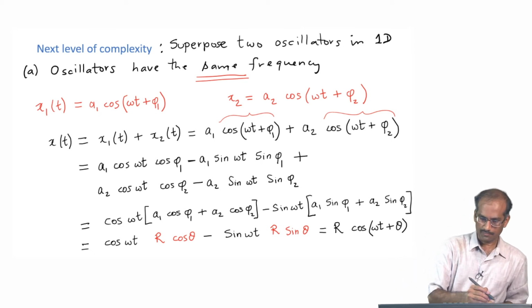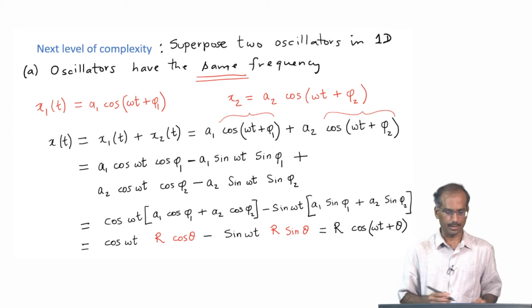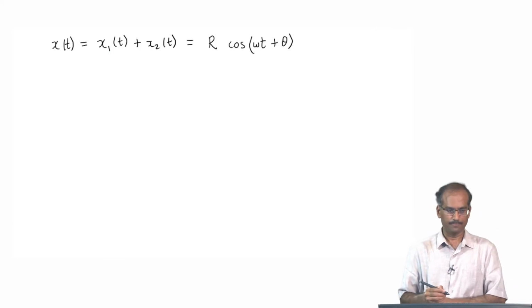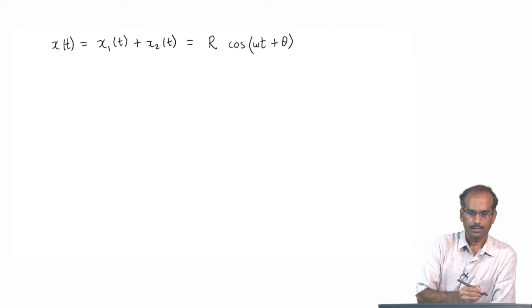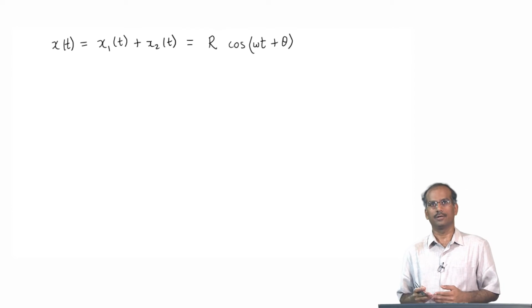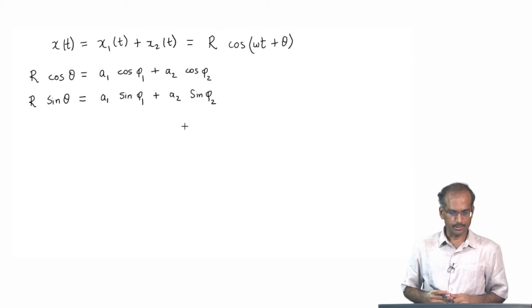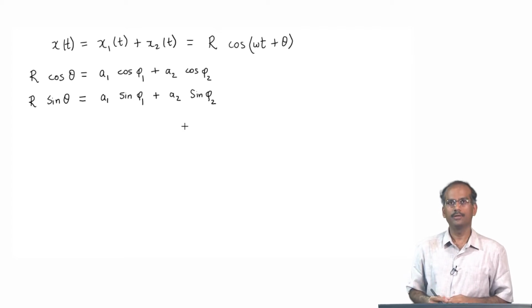It is not very difficult to obtain these relations if we simply write down r cos theta and r sin theta. Let me first write it down for your benefit. Now from here it is obvious what to do.